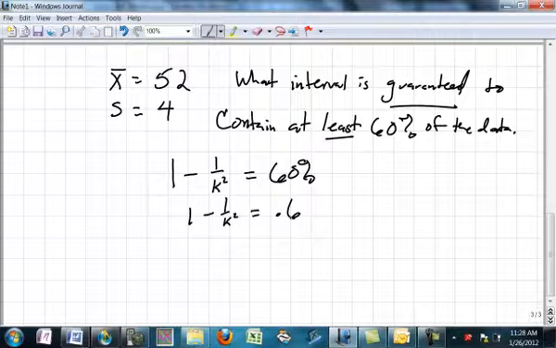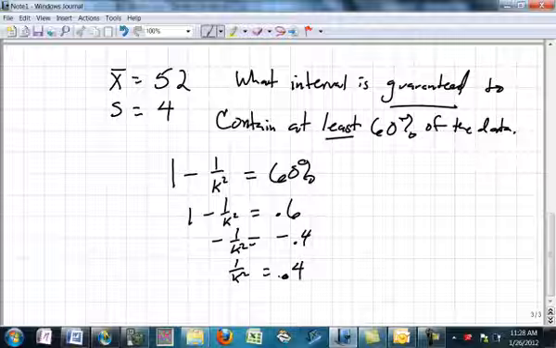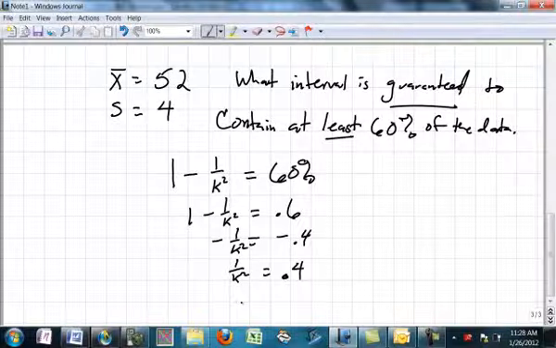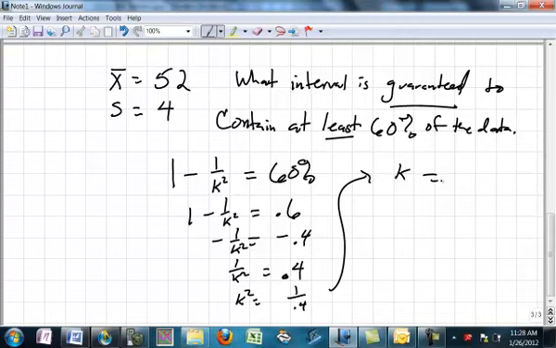So let's see, I'm going to subtract 1 from both sides, so that makes this negative 0.4. Multiply by negative 1, get rid of the negatives. Reciprocal both sides, so k squared is 1 over 0.4, and so k then is the square root of 1 over 0.4.